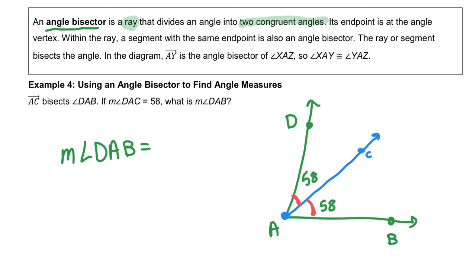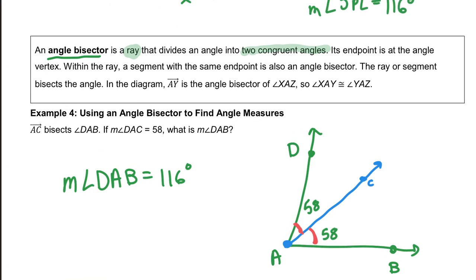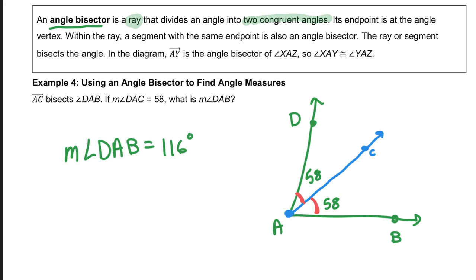If I double the measure of 58, that's 116 degrees. I should have done that up top. Okay? Degrees. So it's understanding that you're not given a diagram. You have to be able to draw a diagram and analyze that diagram to answer questions. That's what this example does.